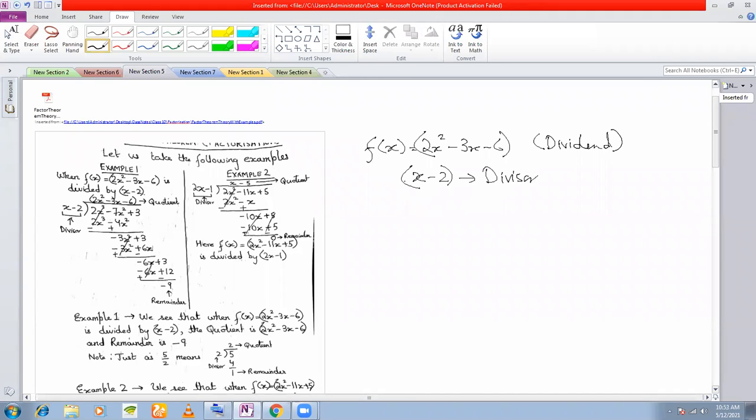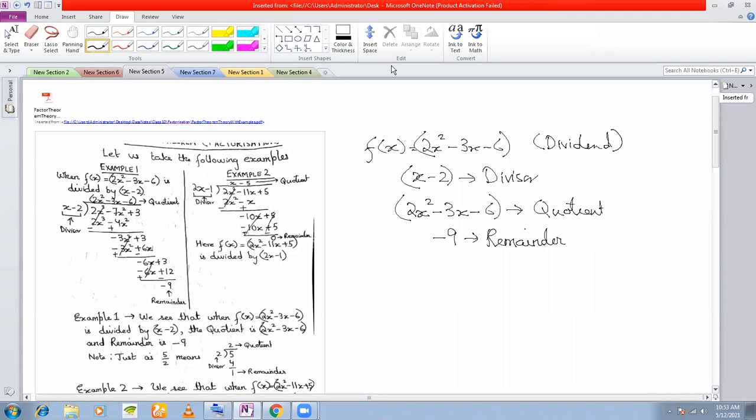And what I have got on dividing is 2x square minus 3x minus 6 as my quotient, and I have got minus 9 as my remainder. This is what I have got.